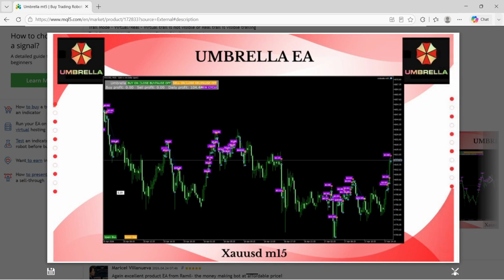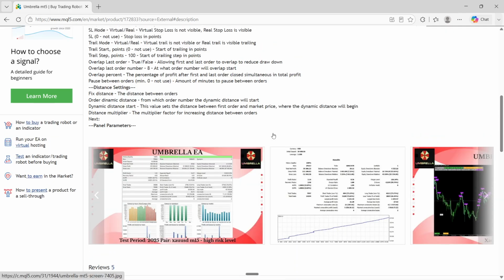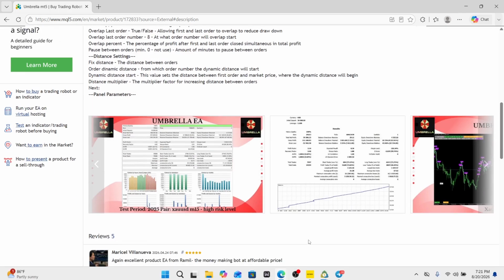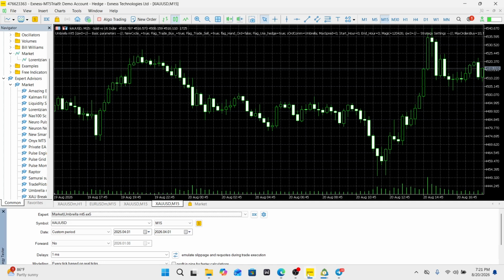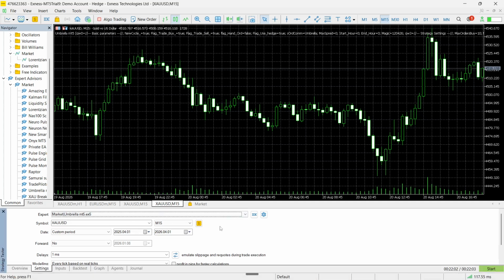And that's what I actually did. I was able to carry out backtests on this EA to see if it actually holds up to what the developer claims on the site and these results we have here. So let's quickly go over to MT5 and take a look. As you can see, I made use of the recommended XAUUSD on the recommended M15 time frame.